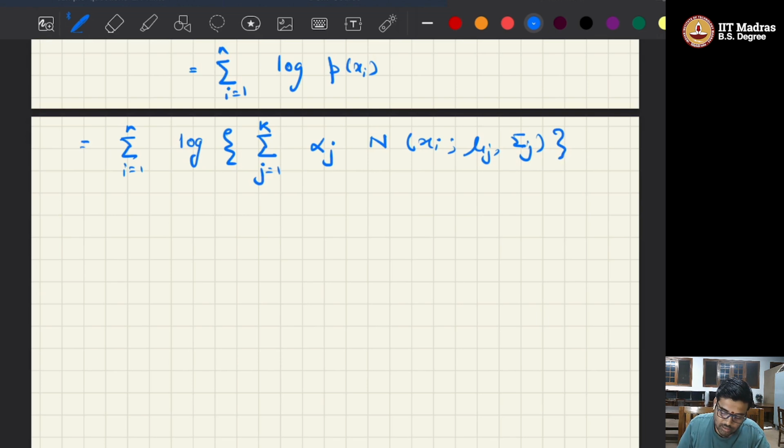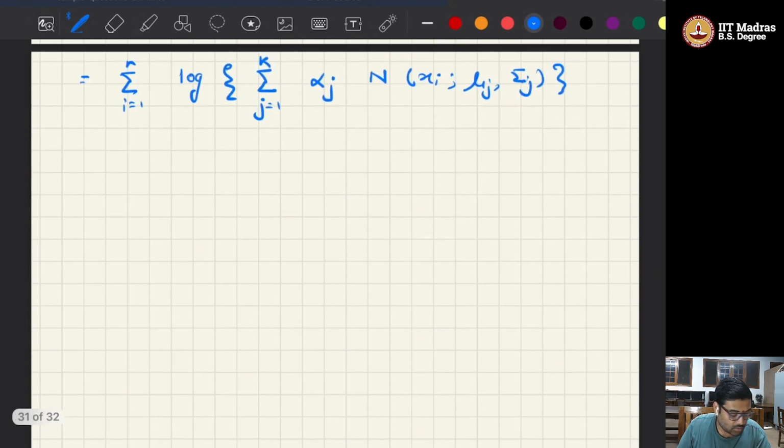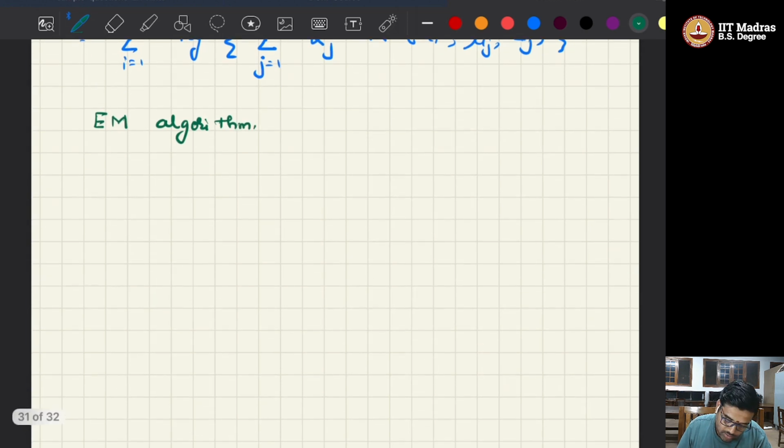Now what does the EM algorithm say? Finally, let's recap the statements of the EM algorithm. The EM algorithm has two steps. One is the E step, the expectation step. It's an iterative algorithm. With theta at time step t, I keep it as a constant.